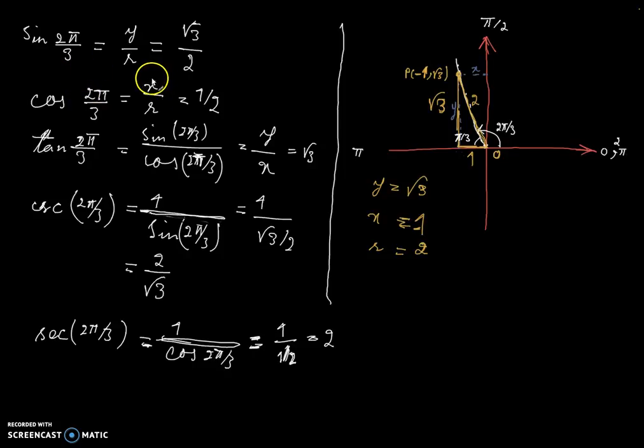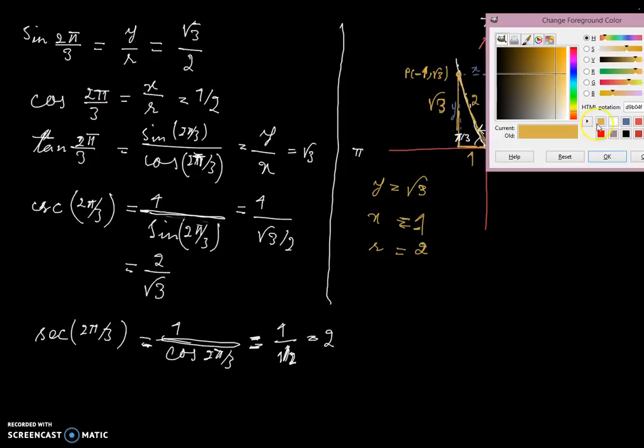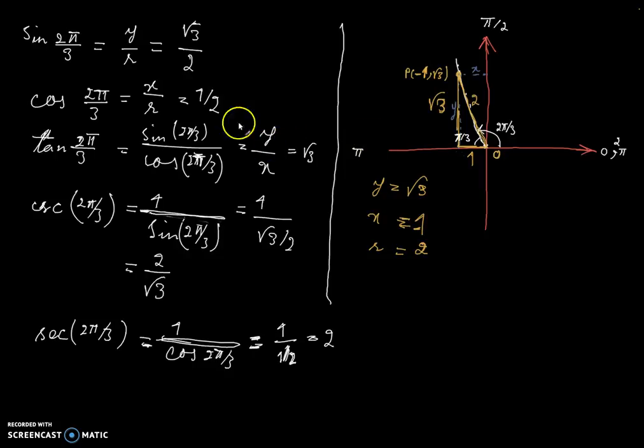So wherever you have x, you have to use -1, so cos is -1 by 2, and then here tan 2 pi by 3 is y by x, so this is minus root 3 basically, because it's in the second quadrant, and that is correct.